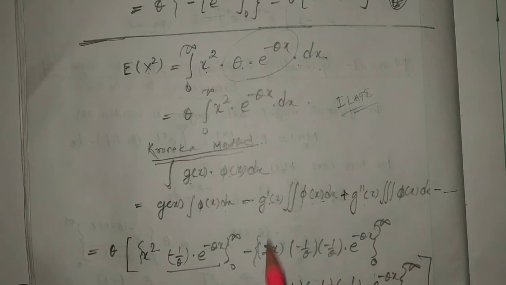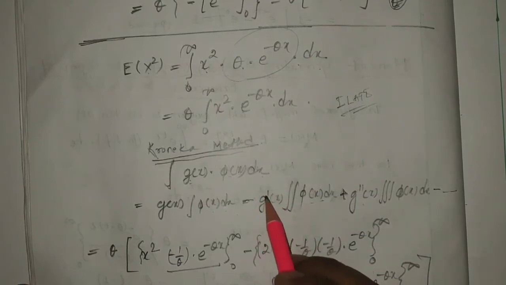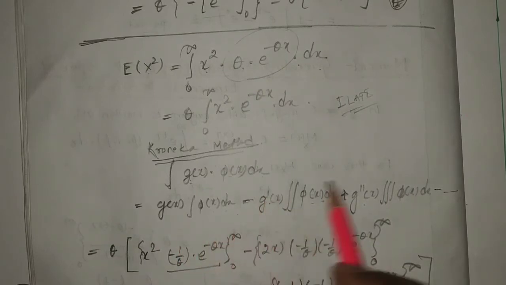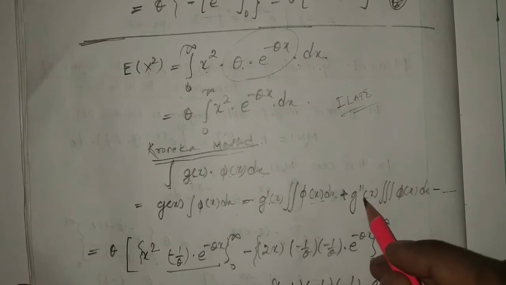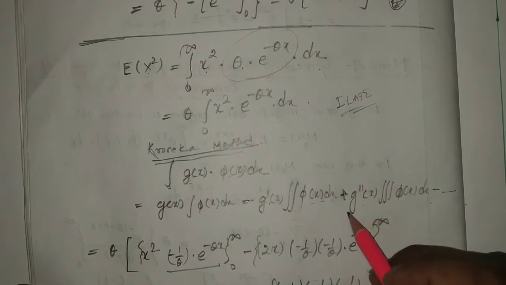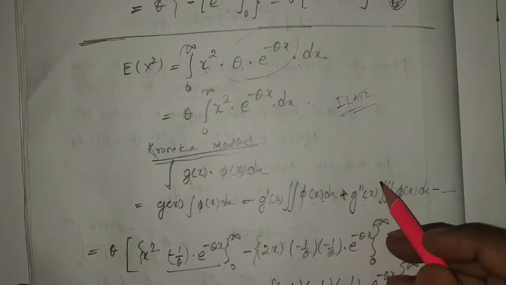We continue until g(x) becomes 0. We consider g(x), g dash x, g double dash x, and likewise at a particular term, some nth derivative of g will be 0.